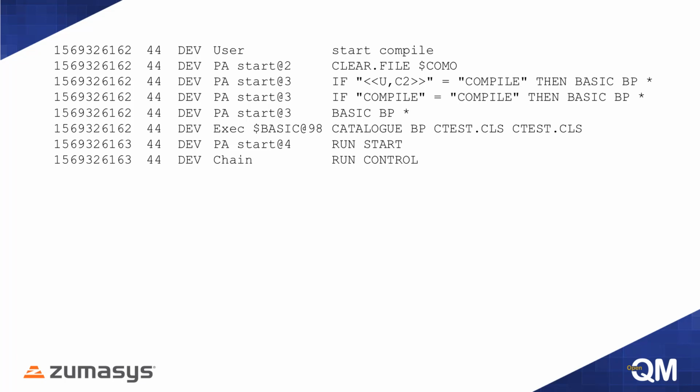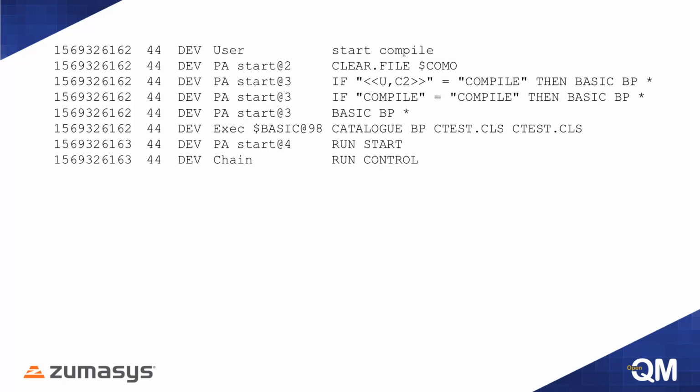But the next step in execution is to perform substitution of the inline prompt structure. And this inline prompt says U, which is I want to have the result in uppercase, and C2 is the second word on the command line. So the command, which is at the top of this screen, start compile, the second word is compile in this case. So in my if statement the inline prompt has been expanded, and the tracing shows us the expanded form as well.